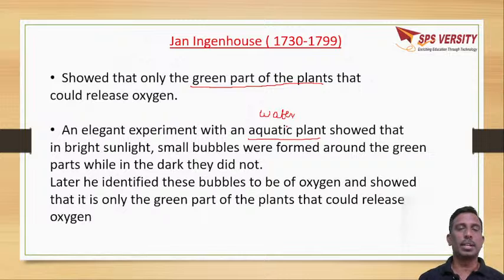For his experiment, he took one aquatic plant and kept it in a funnel, and this funnel was kept in a beaker of water. This whole setup was kept under bright sunlight. He observed that small bubbles formed around the green parts, whereas there were no bubbles on the non-green parts.